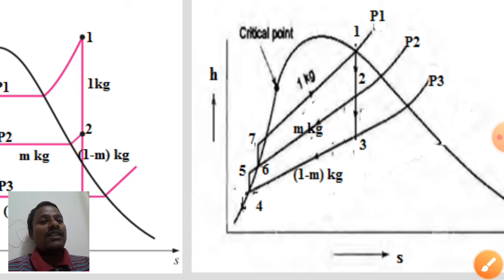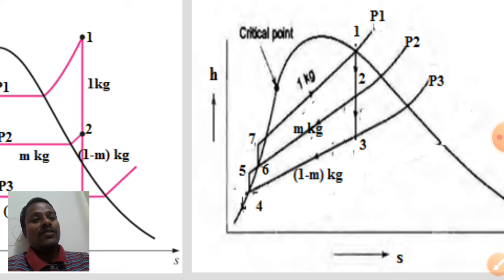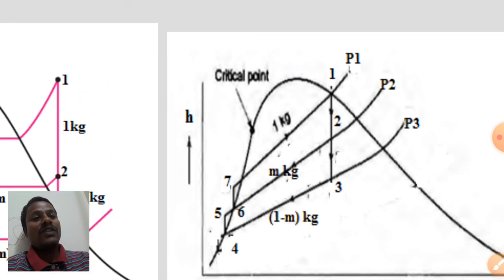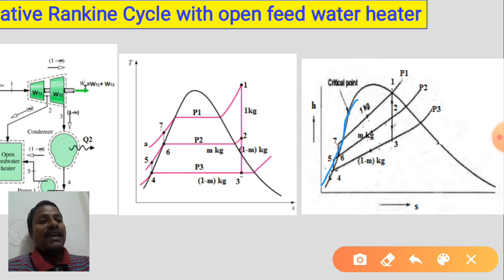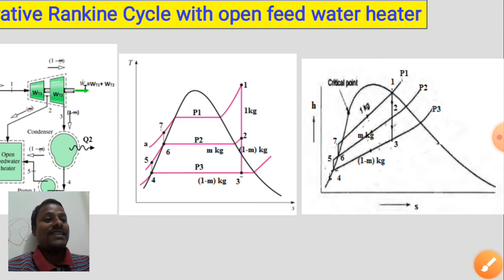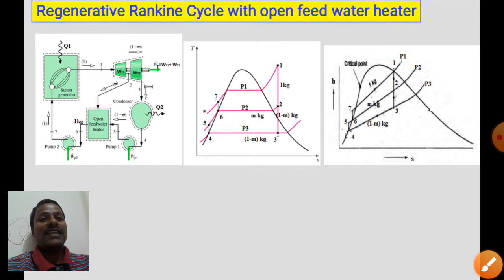So 7 to 1, we are heating in the boiler, till state 1. So 7 to 1 is boiler heating. So on this vapor dome, this is the saturated liquid line and this is the saturated vapor line that we know from our previous discussions. So this is the HS diagram of this plant.